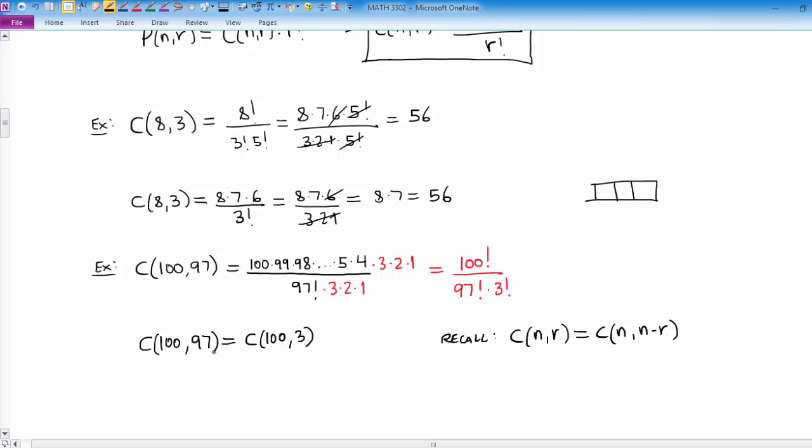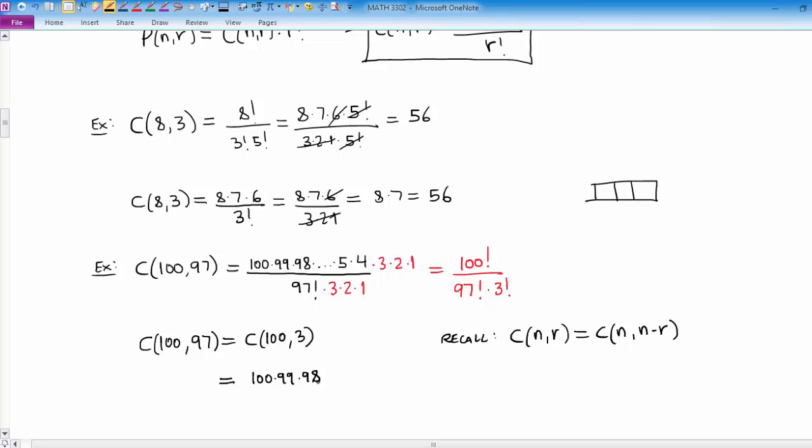So in this case, it's much easier to find the number of combinations of 3 books instead of 97. I can apply the same analogy here. So 3 books out of 100 will give me 100 times 99 times 98, because now it's only 3 slots.